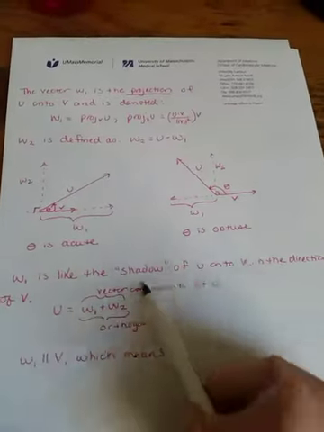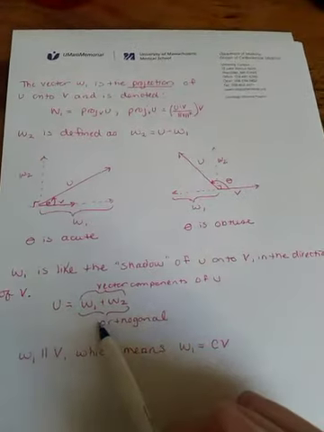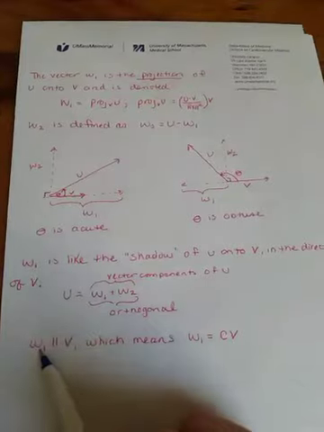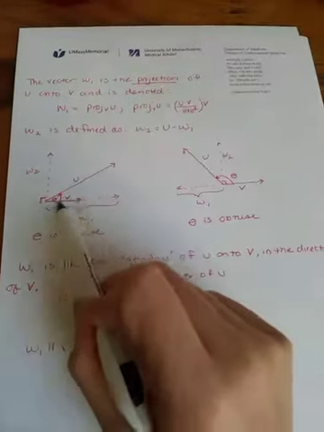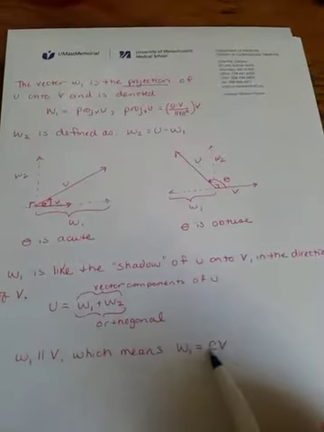These are called the vector components, and w sub 1 and w sub 2 are orthogonal. Another big thing I just mentioned, but I rewrote it here for you: w sub 1 is parallel to v. Right here you can see it very nicely, which means that w sub 1 is some scalar times v.